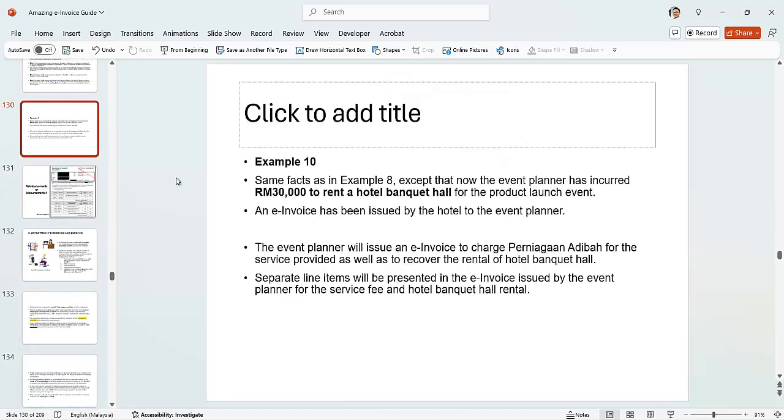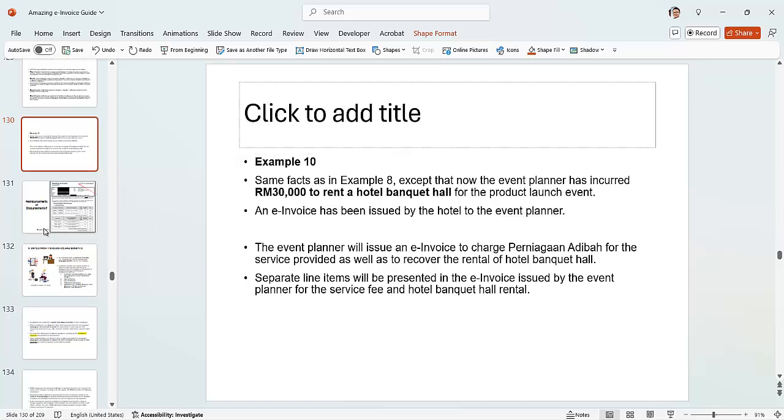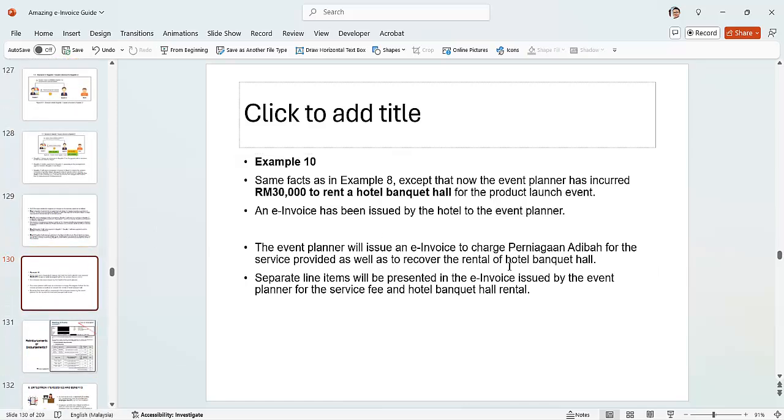Okay, except that now the event planner has incurred 30,000 rent, and an invoice has been issued by the hotel to the event planner. See that it's issued to the event planner. So the event planner will issue an invoice to the client, Perniagaan Adiba.